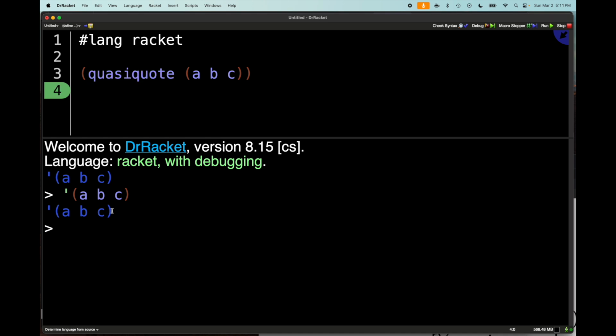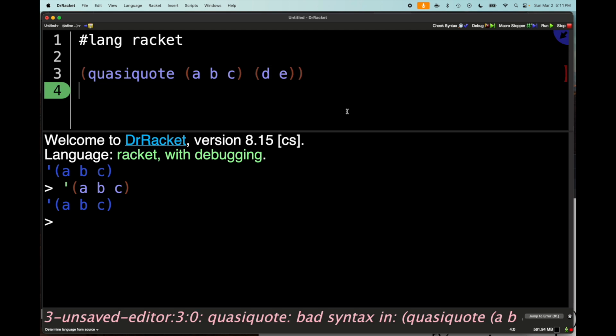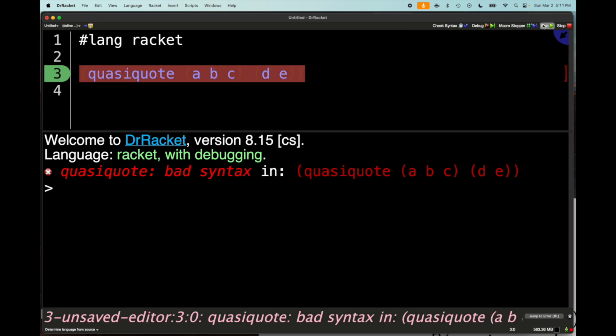Anyway, so this is a difference, and to be honest, this drives me up the wall a little bit because I like the way Scheme does it. In any case, let's see, does this quasiquote support multiple objs? No, bad syntax. Okay.